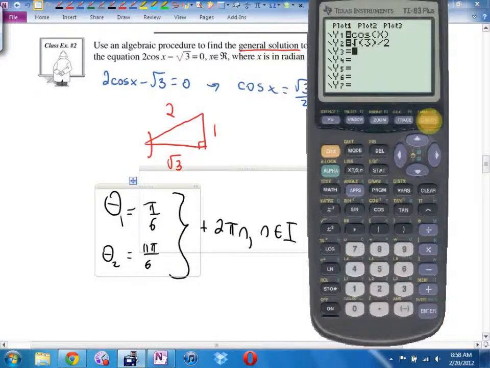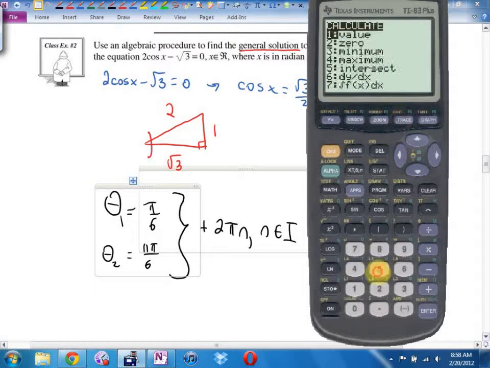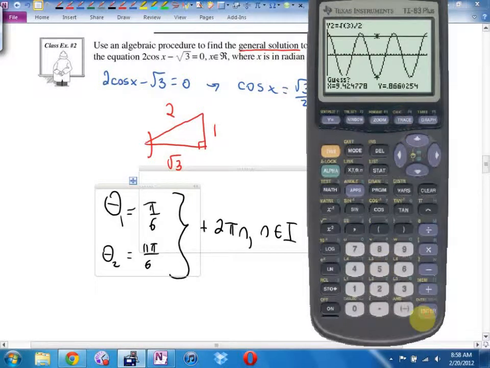I think the same view window will work just fine, so I'm going to hit graph. There's my 3 cosine functions. Second function, calculate, intersection, first curve, second curve, and since I want the first one, I'm going to let my guess be 0. And it finds the first intersection at 0.5236.